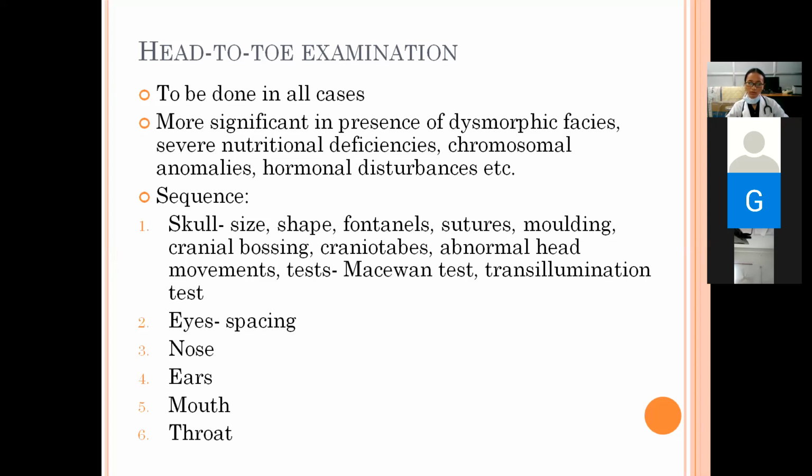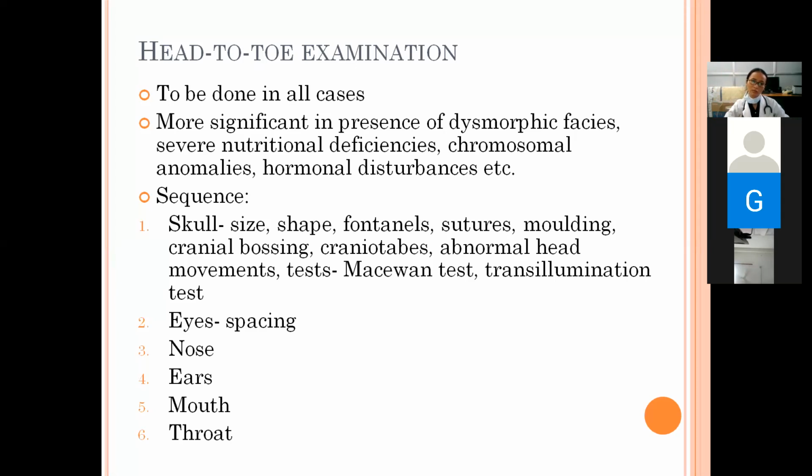Craniotabes, just to elaborate again, is also called ping pong ball cranium, in which the cranium has become soft because of some illness. It is the ping pong feeling of a skull, that is when you compress the skull, it gives a soft depressing feeling.